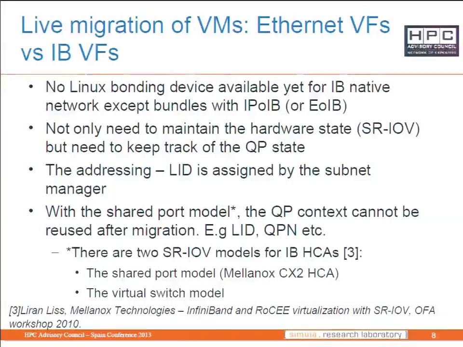And you will eventually see that mostly everything is all about Q pairs, that they introduce most of the problems. And also the addressing is assigned by the subnet manager. And here I just mentioned also the shared port model. With the shared port model, the Q pair context cannot be reused after migration.